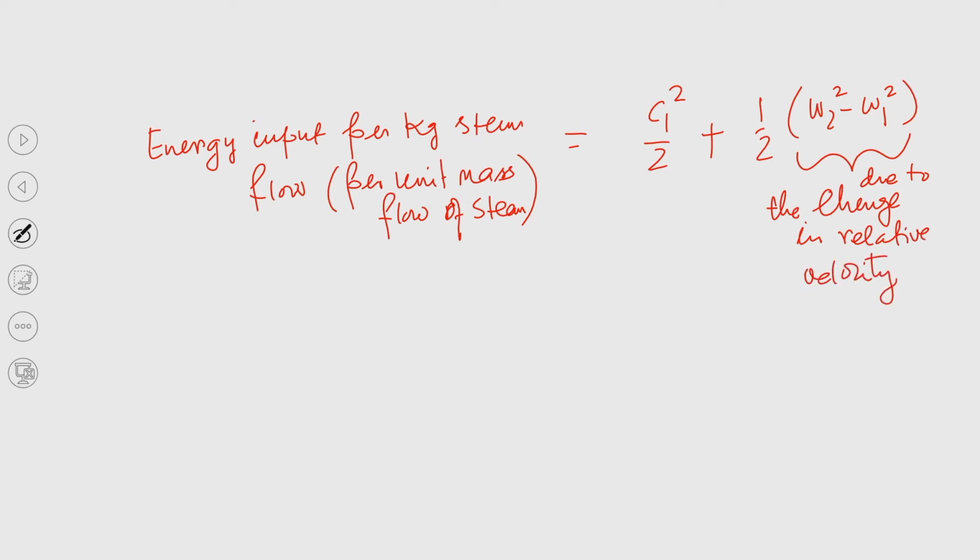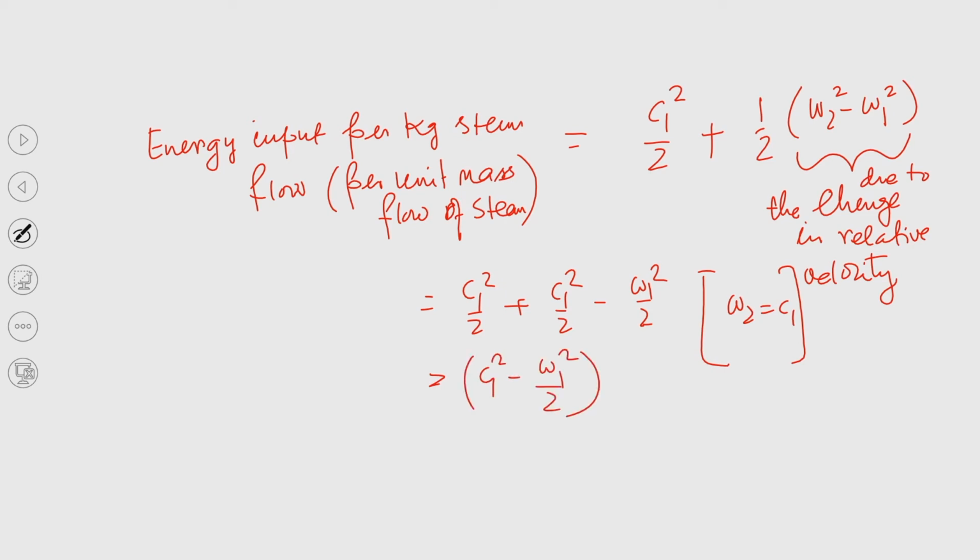So, now if we simply write, this is C1 square by 2 minus W1 square by 2, as W2 is equal to C1, which we have already written. So, it will be C1 square minus W1 square by 2. So, this is the expression.